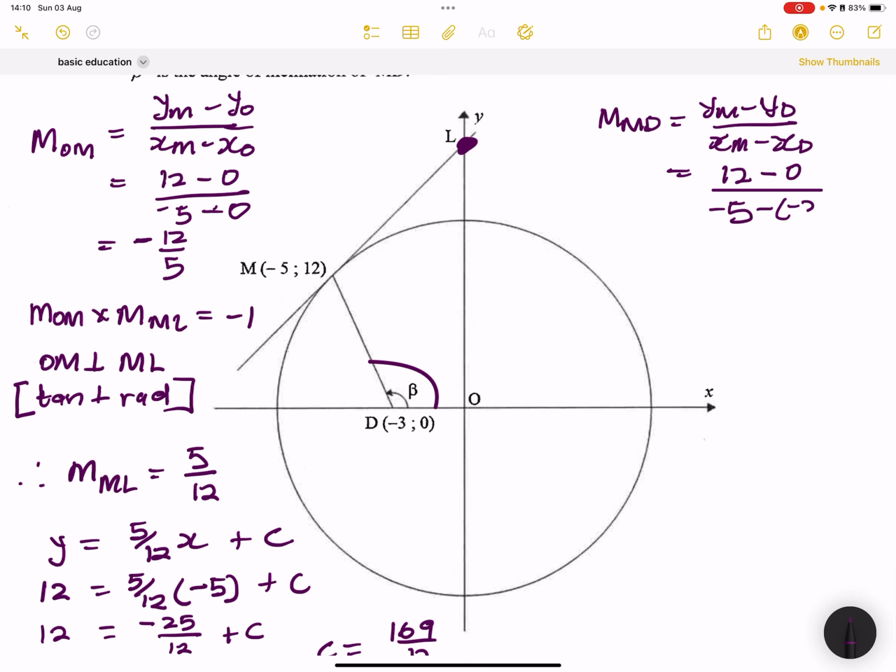So we get 12 divided by, so that's negative 5 plus 3, which gives us negative 2. So that's 12 divided by negative 2, and I'm expecting a negative gradient. So that gradient is going to be negative 6, okay? But we know that the gradient of any line is equal to the tangent, so that's going to be the tangent of the angle beta.